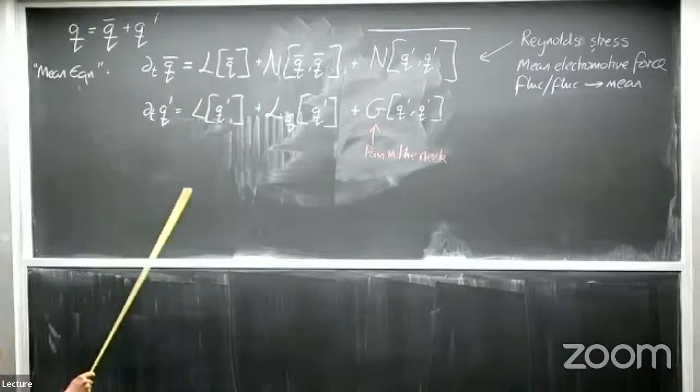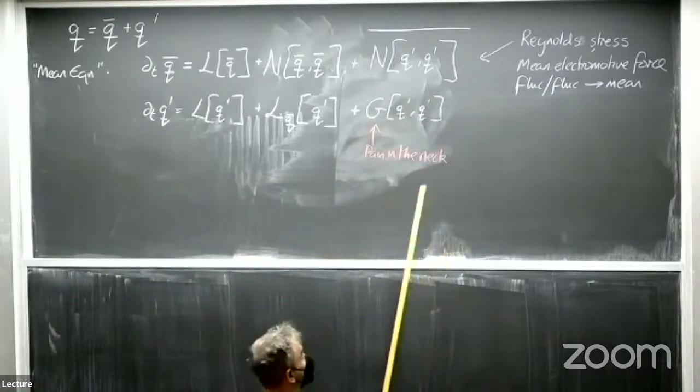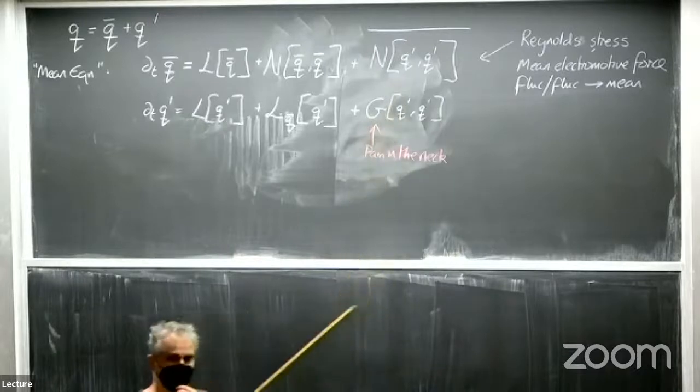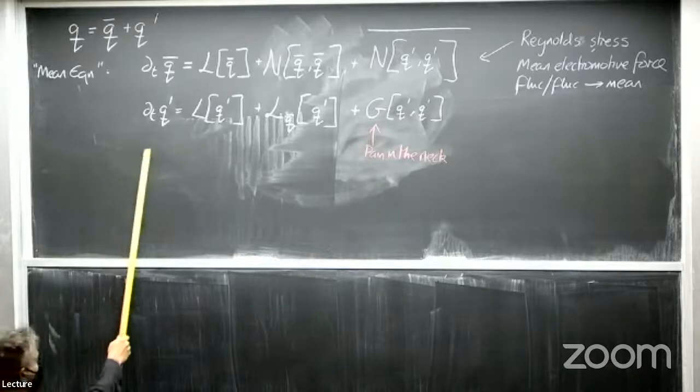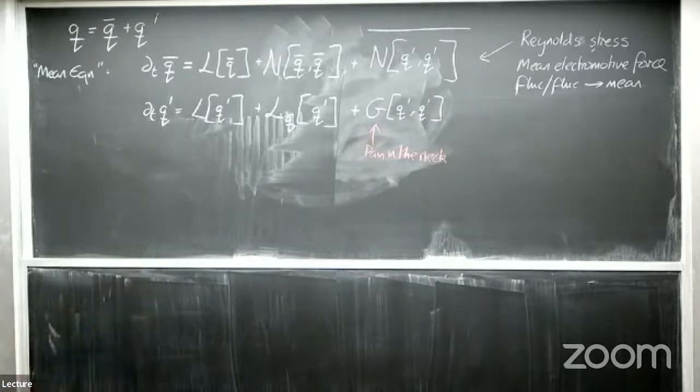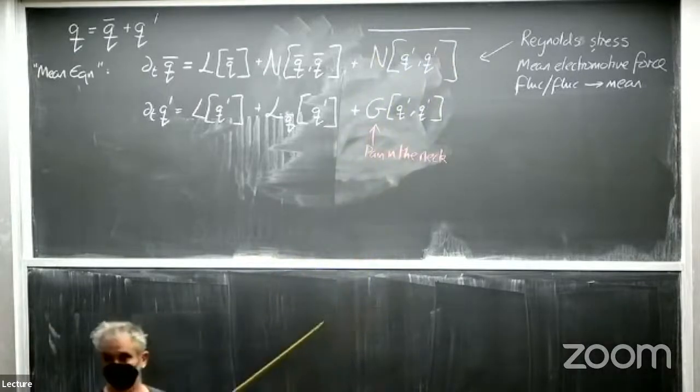Why do we need to know about Q prime? Of course, we really need to know about Q prime to get this term here. But actually, we don't need to know Q prime. Remember, Q prime is a small scale thing or fast thing. What we really want to know is the effect of Q prime on the large scales.